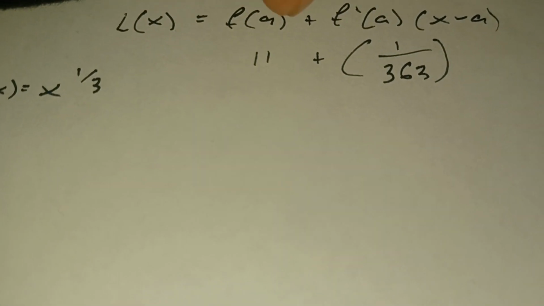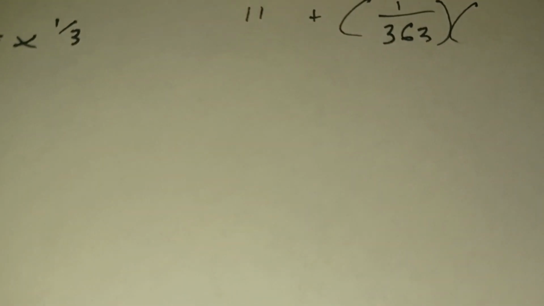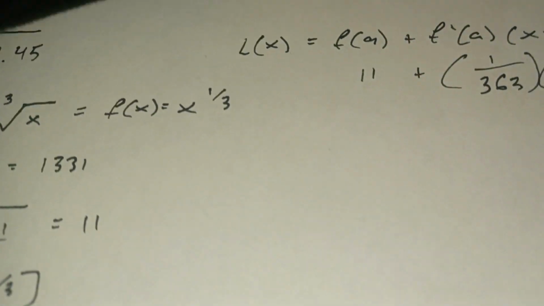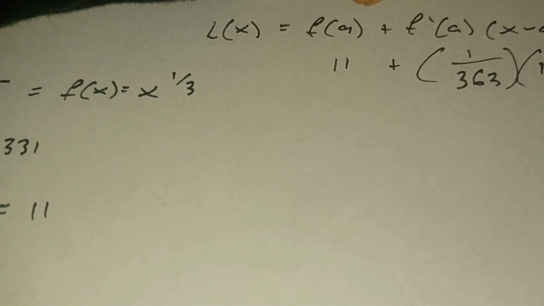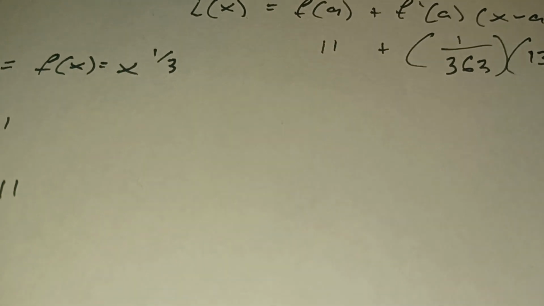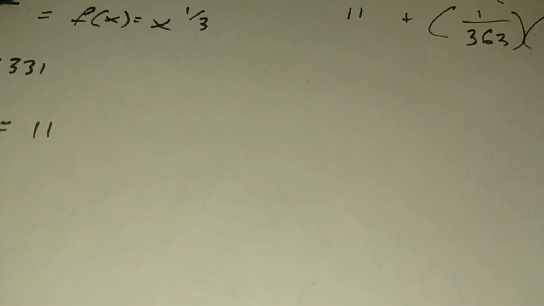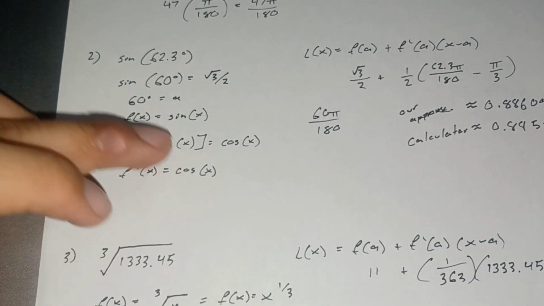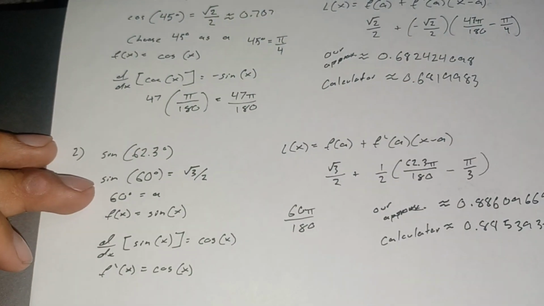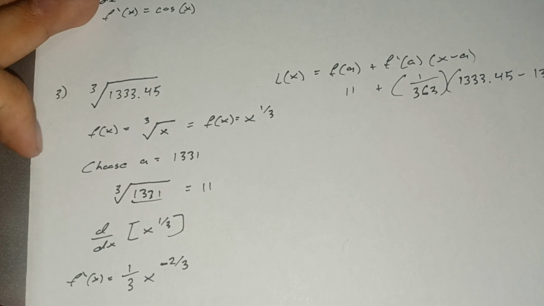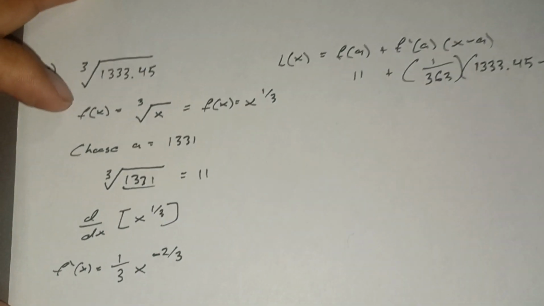So let's go ahead and get the change in a, which will be our x, this one, 1333.45, minus our a, which is 1331. I really should have labeled this as a instead of x, but I hope it doesn't cause too much confusion. I hope you guys know where I'm getting these numbers from.